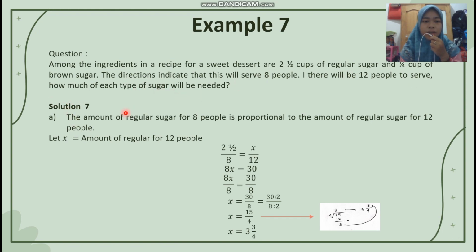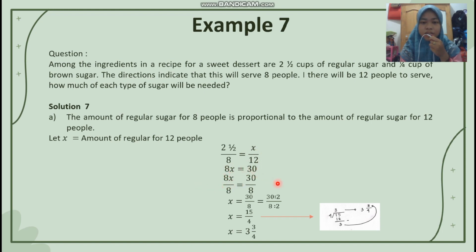And the solution: A. The amount of regular sugar for 8 people is proportional to the amount of regular sugar for 12 people. Let X equal amount of regular sugar for 12 people. 2½ divided by 8 equals X divided by 12, and will be 8x equals 30.